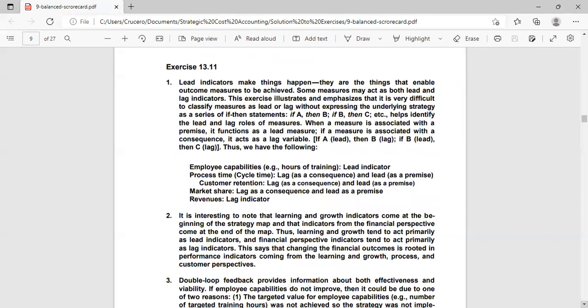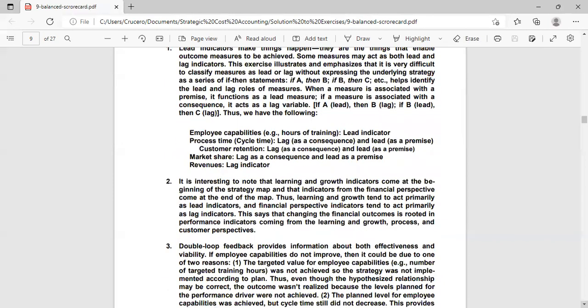Now, it is interesting to note that learning and growth indicators come at the beginning of the strategy map, and indicators from the financial perspective come at the end of the map. Thus, learning and growth tend to act primarily as lead indicators, and financial perspective indicators tend to act primarily as lag indicators.